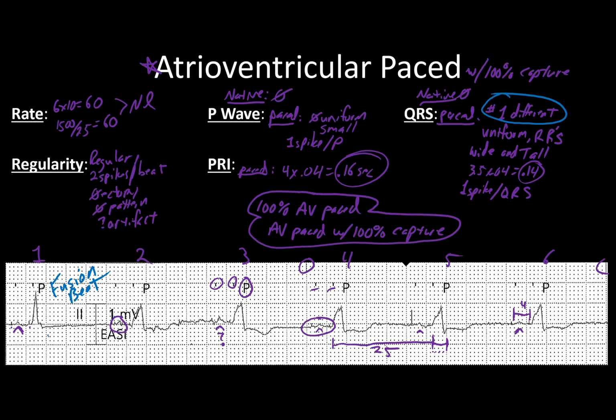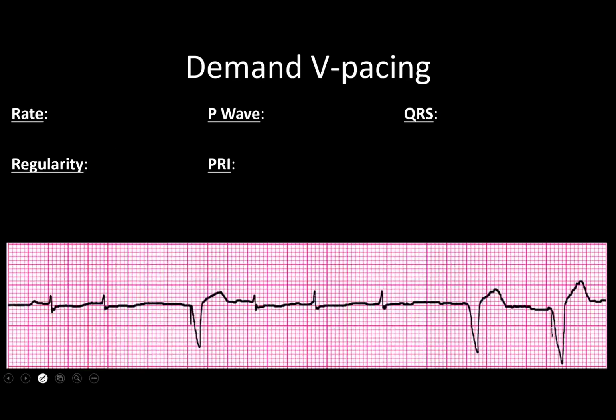It's just a timing issue, where the pacemaker fires at not quite the right time. Doesn't really change what we're looking at here because the patient is still 100% AV paced.